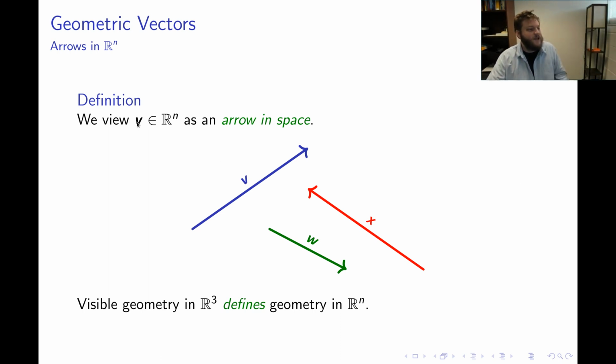So if I wanted to think about a vector in R^n, even if n is really large, visually, I just think of that vector as some arrow floating around in that high dimensional space. So when I'm working with high dimensional vectors, I will visualize them by just drawing some arrow and then imagining that that arrow lives in some large dimensional space. The key here is that the visible geometry of 3 dimensions that humans are good at working with defines geometry in higher dimensions.